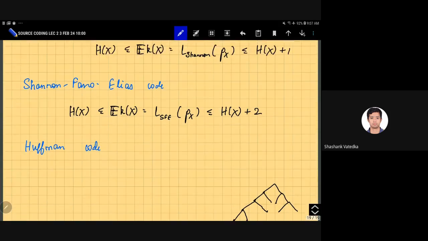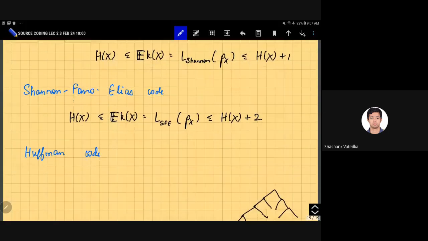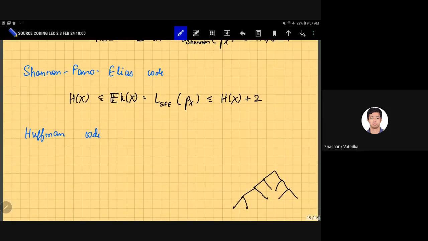Today we'll see that the Huffman code is optimal in the sense that among all possible prefix-free codes for a given distribution, it achieves the minimum expected length.